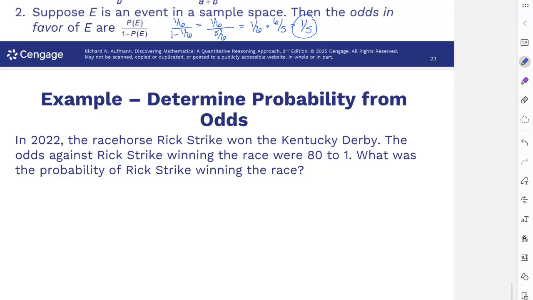So the odds against Rich Strike winning were 80 to 1. So then the odds in favor is the reciprocal, 1 to 80.